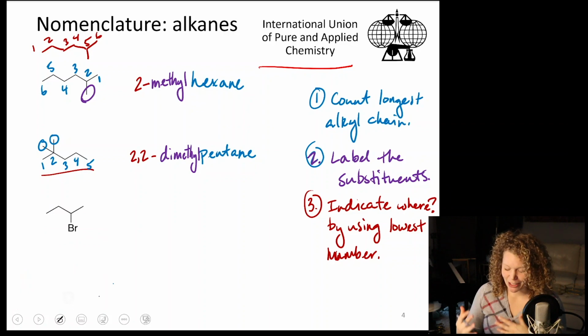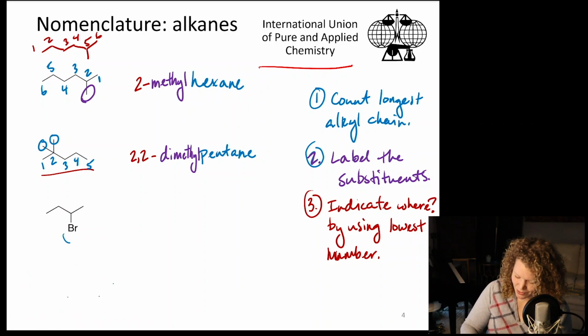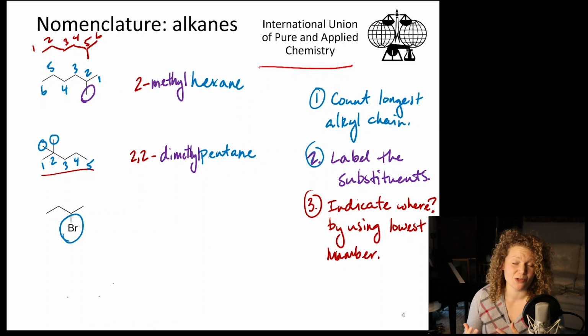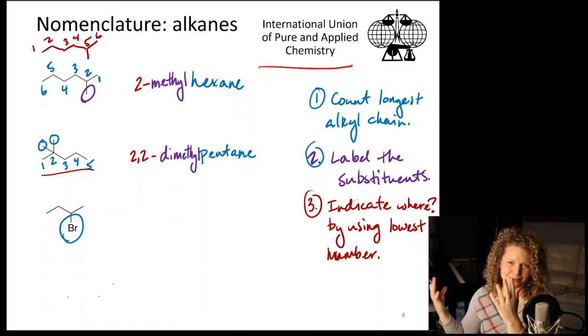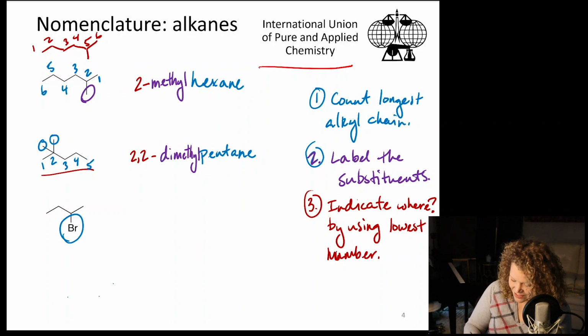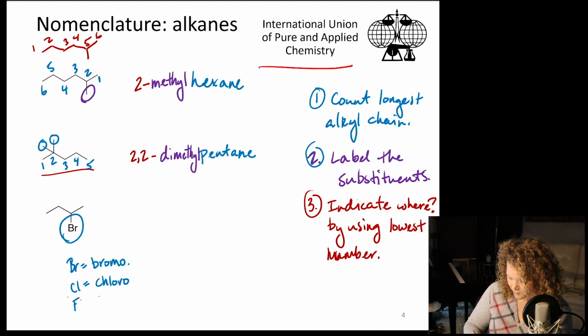Later on, we're going to be talking about more complex structures, and these are going to have names of substituents that are a little different, again, from their base parent or their element. In this case, Br is equal to bromo. Cl, a chlorine, is equal to chloro. Fluorine, this would be fluoro.